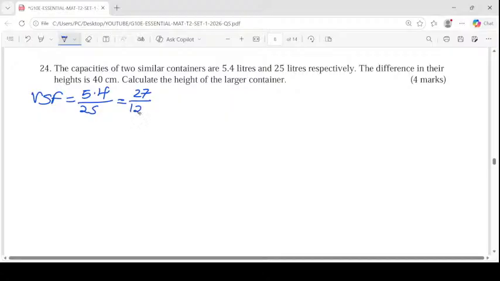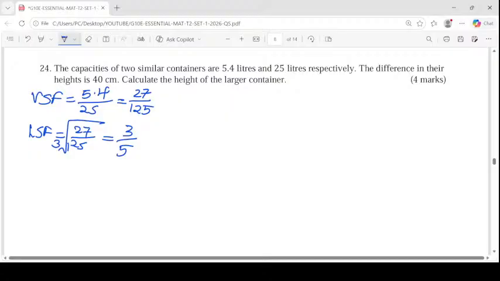Then we can get the linear scale factor. Our linear scale factor will be given by the cube root of 27 over 125, and the cube root is exactly 3 over 5. So our linear scale factor is 3 over 5.